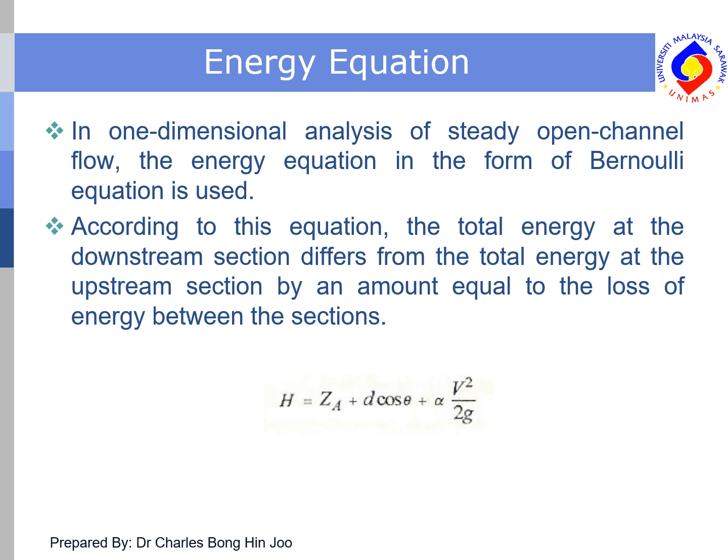In the Bernoulli equation, for a section, there are three components as given in the equations in this slide, where the total energy H is given as Z, which is the elevation head, plus d cos theta, which is the pressure head, plus alpha V squared over 2g, which is the velocity head.